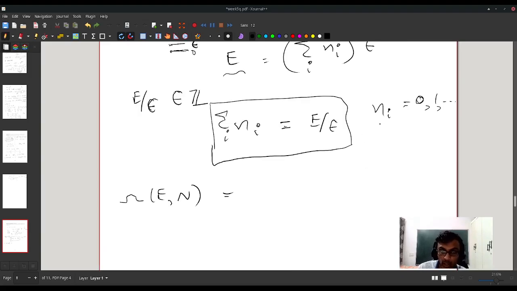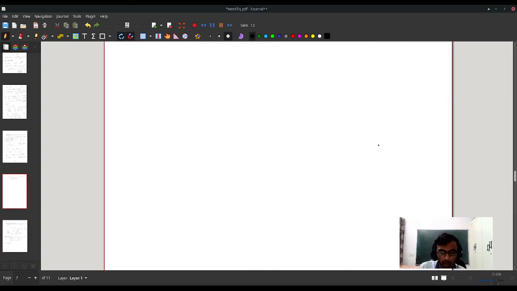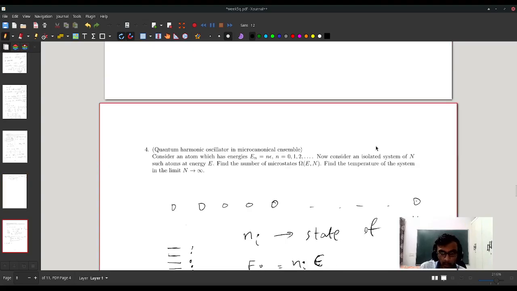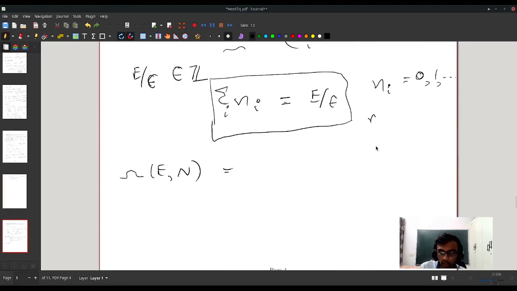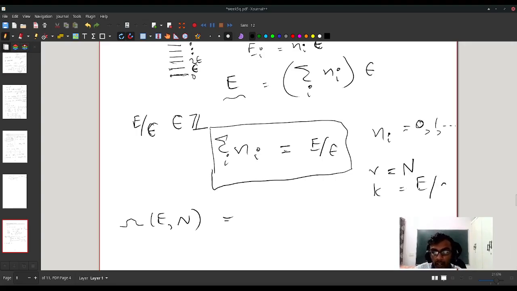Using the notation of the previous problem, r, which is the number of types of fruits in the previous problem, would be the number of atoms here, the number of these objects. So r is going to be n, and k is E by epsilon, which, like we discussed, is an integer.